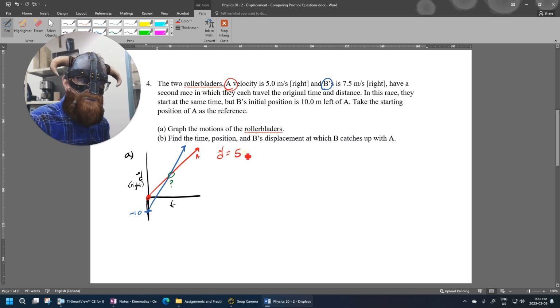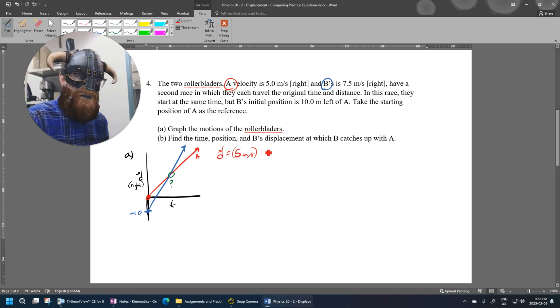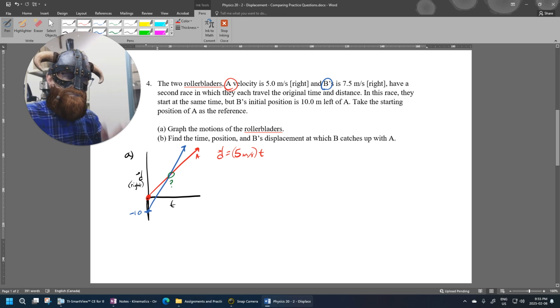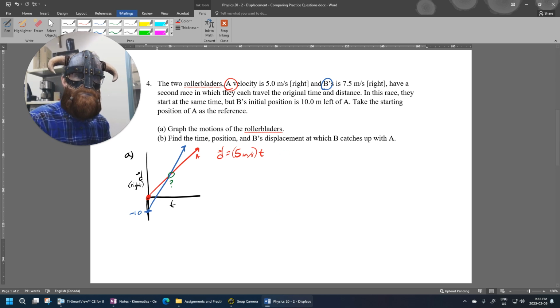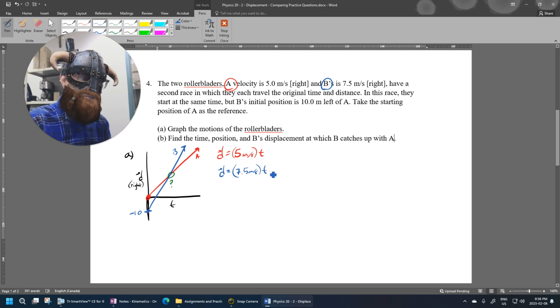That's 5 meters per second. Then x, but on the x-axis is time, so we'll put a t there. And then plus b. b is our y-intercept, and you can see this guy starts at the origin, we're using him as the reference. So plus 0. Then B's graph is going to be d = 7.5 meters per second t, and then the y-intercept for B is minus 10.